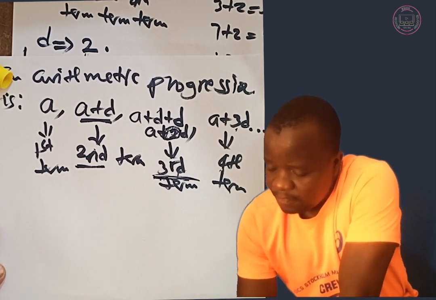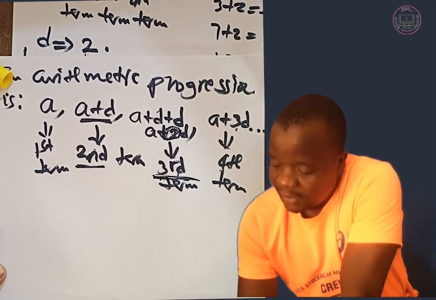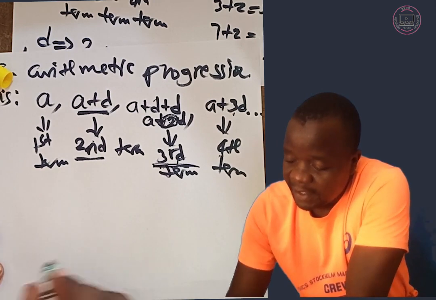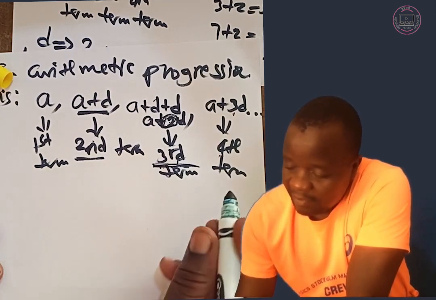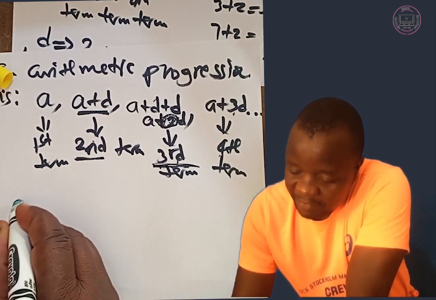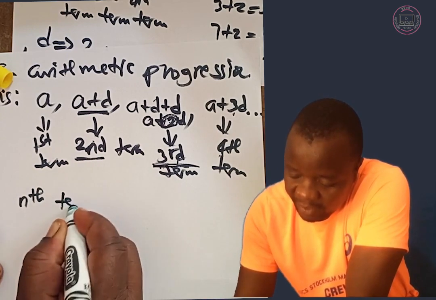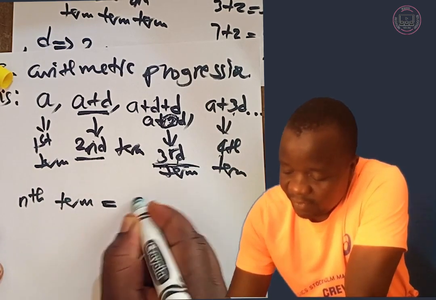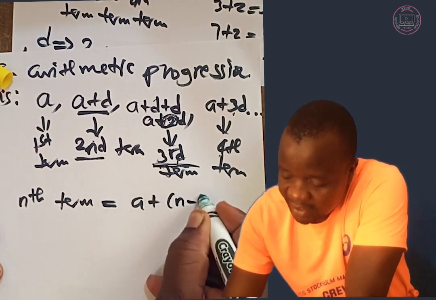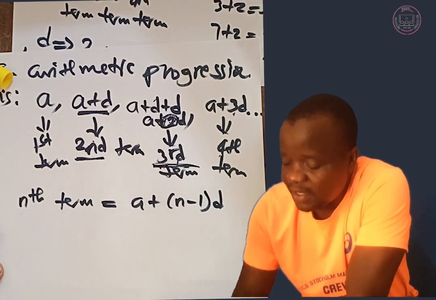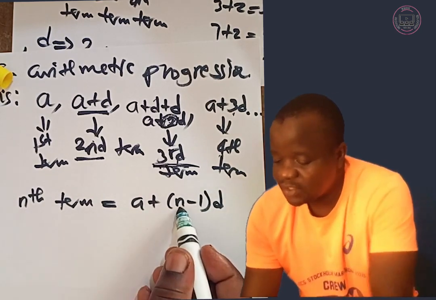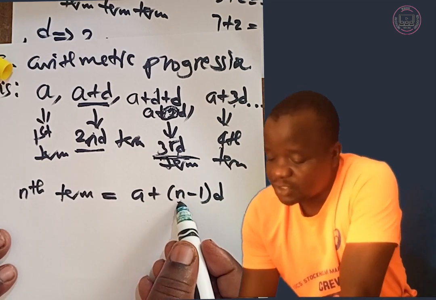Now, how do we come up with the nth term? The nth term is born from there, where we have the first term plus n minus 1 multiplied by D. So n minus 1, n is standing for the position of the term.